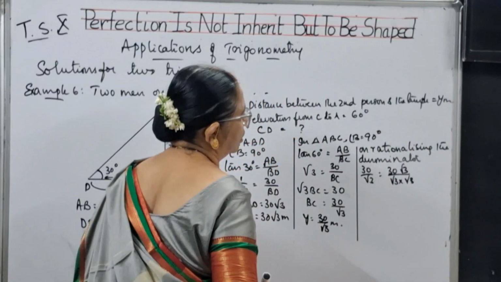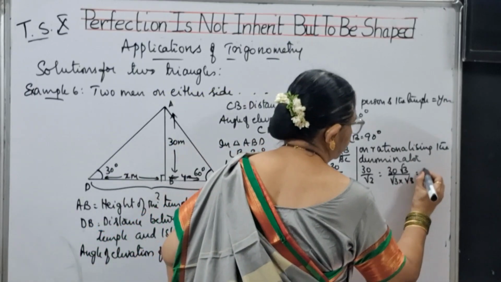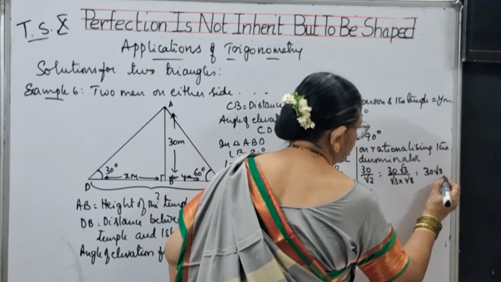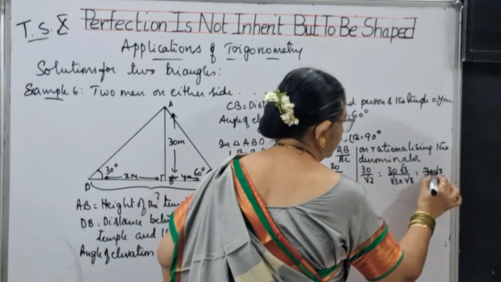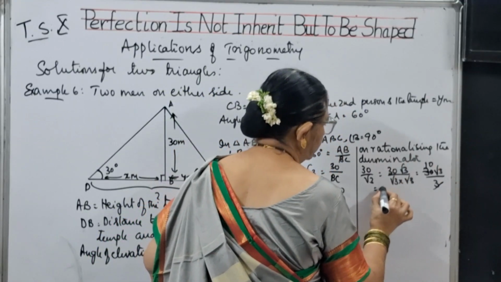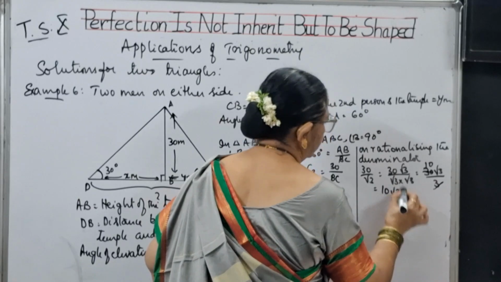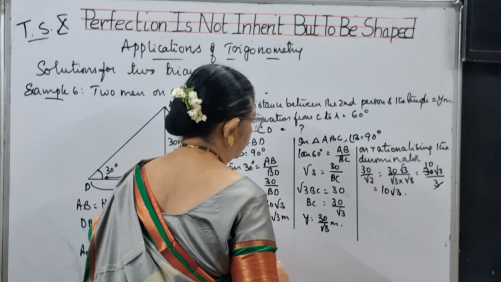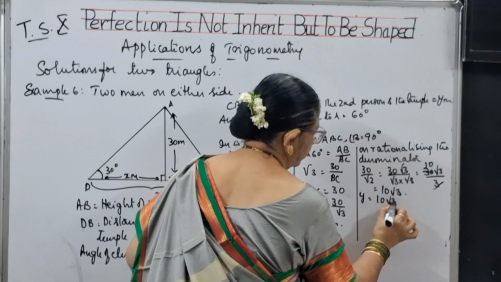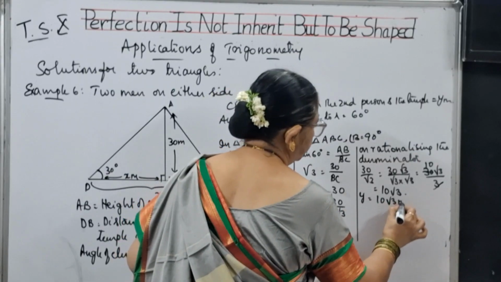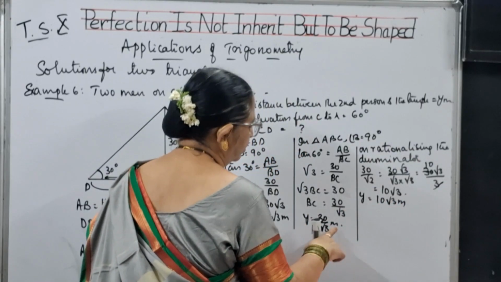This means 30 root 3 by 3 you are getting. So 3 ones are 3, 3 tens are 30. So what are you getting? 10 root 3. So we know that y becomes 10 root 3 meters. Y is 30 by root 3 meters, which is 10 root 3 meters.